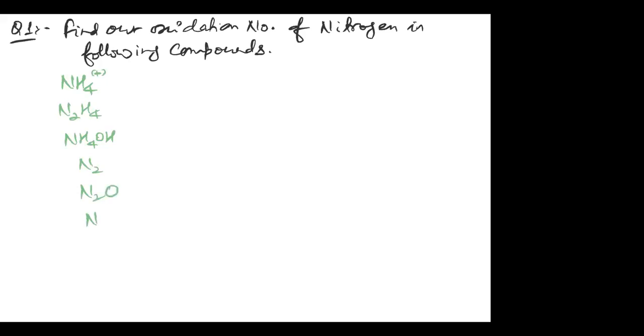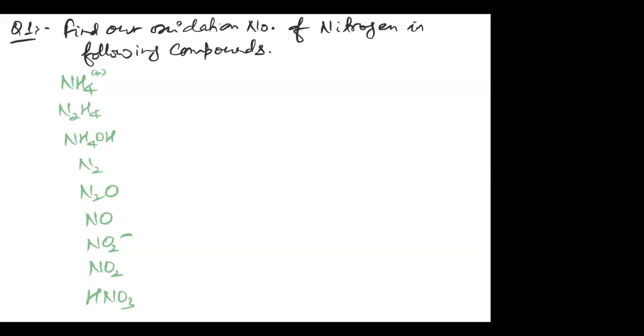This compound is NO. Another compound is going to be, let's say, NO2-. This may be, let's say, NO2. And another compound is, let's say, HNO3. So you have to find out oxidation number of nitrogen here.